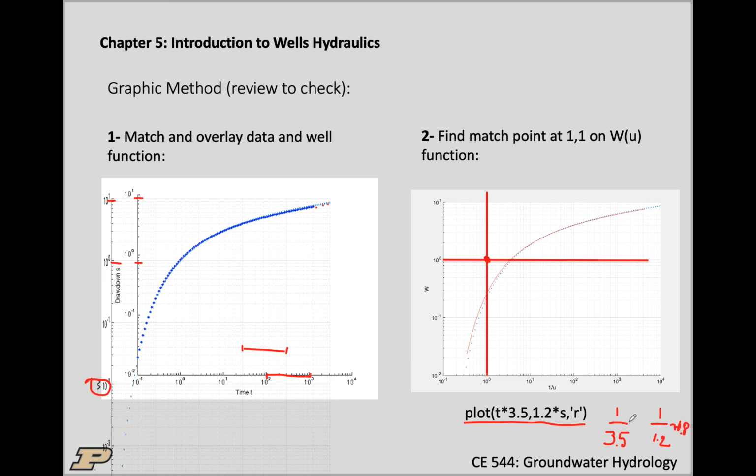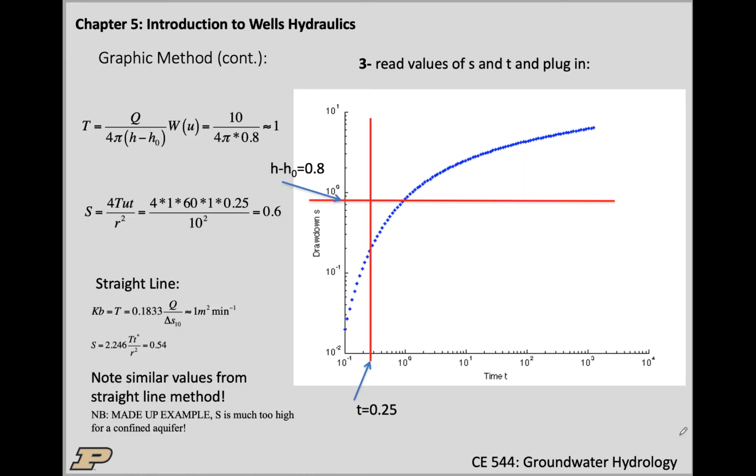And then, let's say it was 4 instead of 3.5 here. That would be 0.25 and 0.8, which is, again, if you go and look at the axis of the actual data, what you have, 0.25, and again, this is just eyeballing it, so you can see it's probably a little more here, and 0.8 is about right.